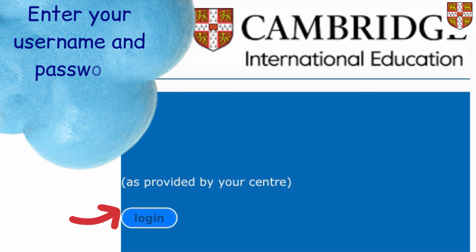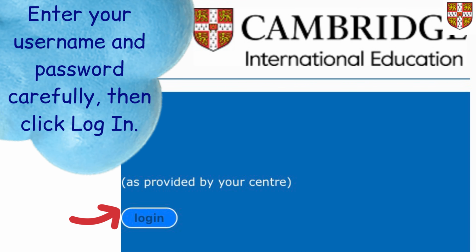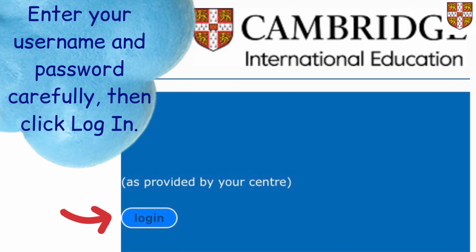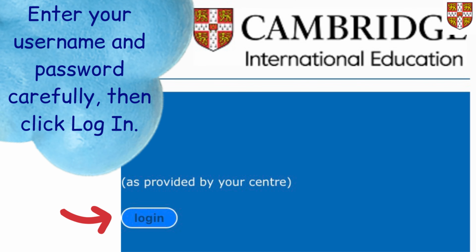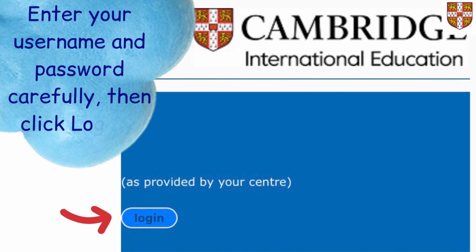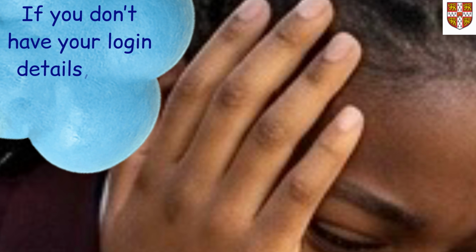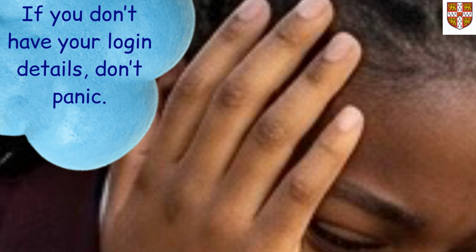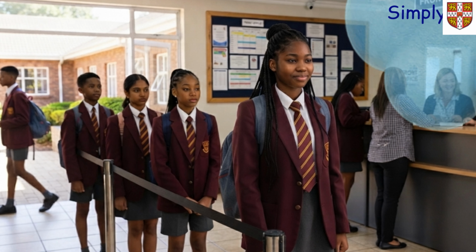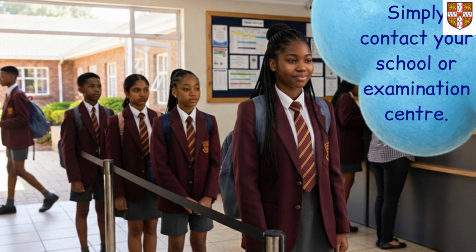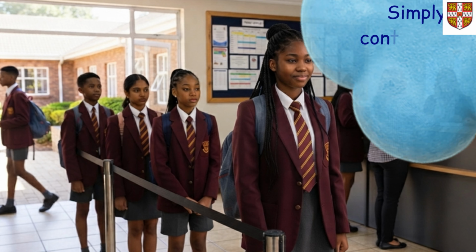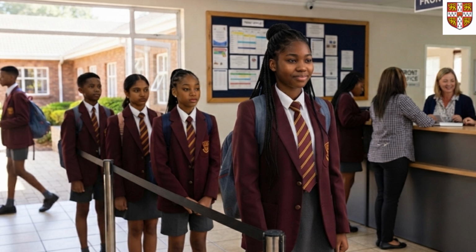Enter your username and password carefully, then click Log In. If you don't have your login details, don't panic. Simply contact your school or examination center. They can help you obtain or reset your login information.